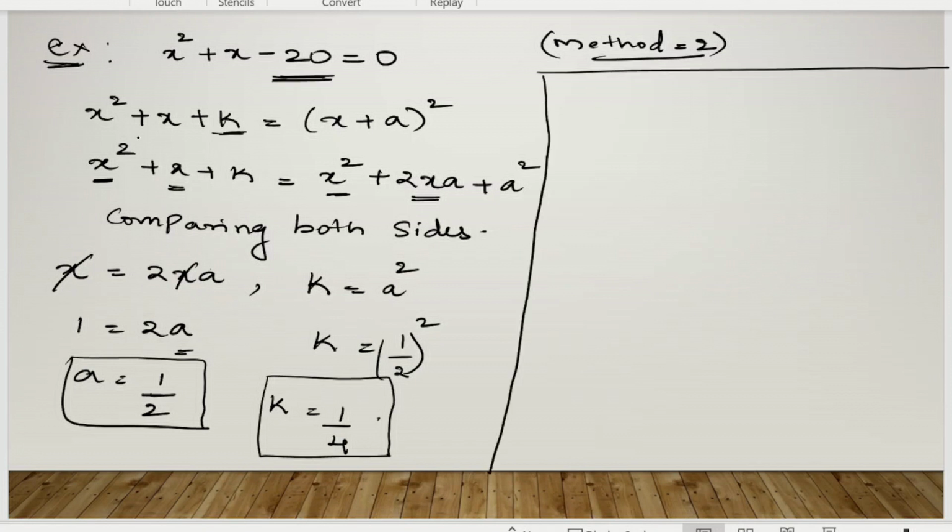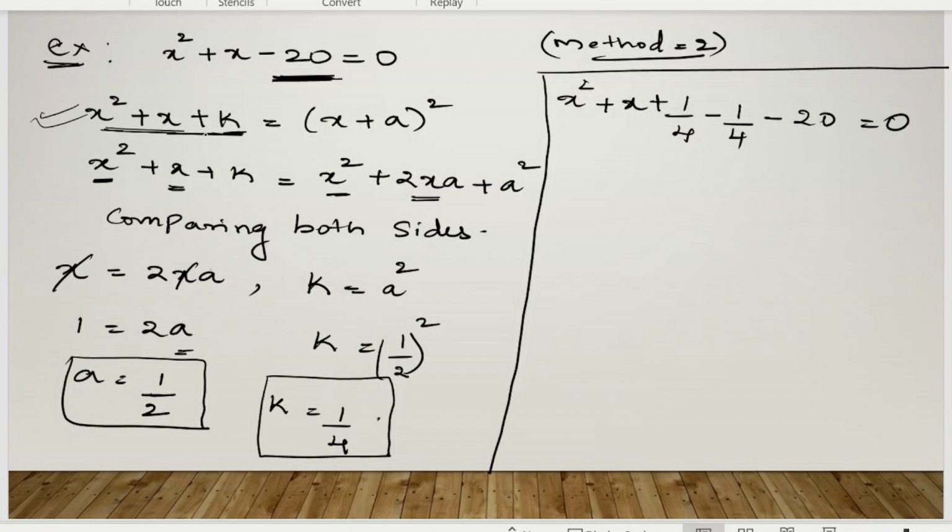Now let us write the equation, that is x square plus x plus k. So x square plus x, and what is the k value? The k value is 1 by 4, so plus 1 by 4. In this equation, if you are adding something, then you need to subtract it.